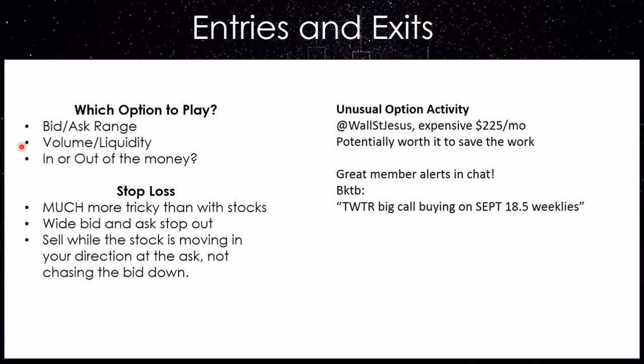If I wanted to buy a lotto play, I would essentially be buying a $102 call, which means the price needs to see a 2% move in one day in order for me to be in the money. And again, time decay is going to absolutely destroy that option over the next 24 hours. But if the bulls somehow did see a run, or if news came out and we did see a move to that upside, then there's going to be some big time gains to be had in that option.